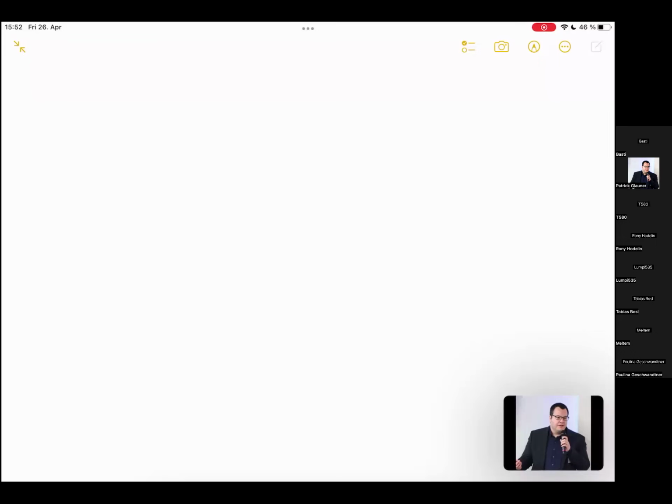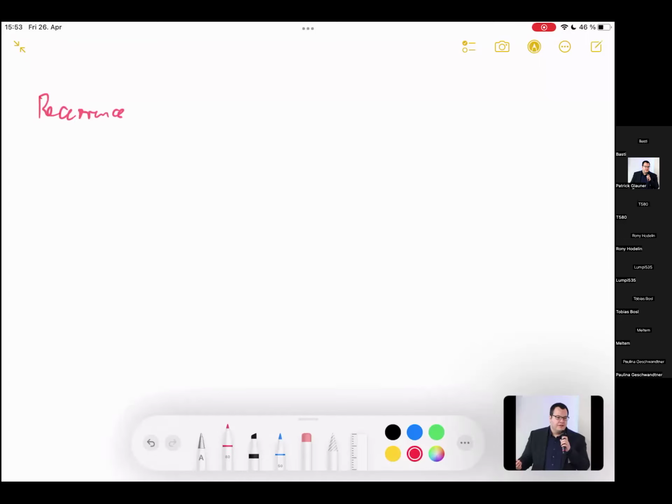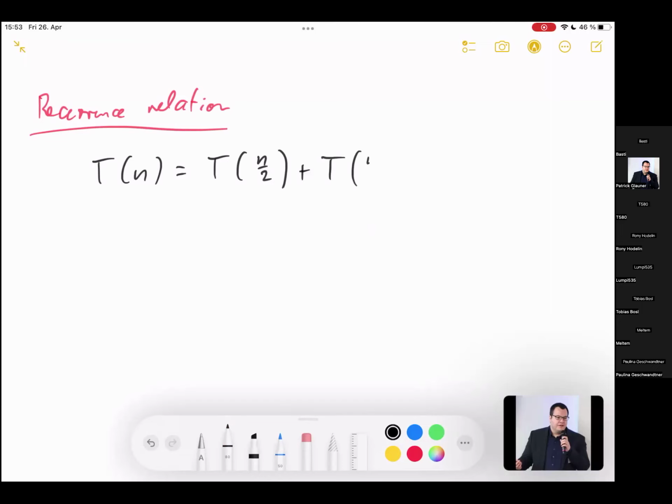So what we can say this time is we have our recurrence relation. And we can say, well, T of n is T of n half, which we look into the left part, plus T of n half, plus n, plus some constant, but the constant doesn't matter.